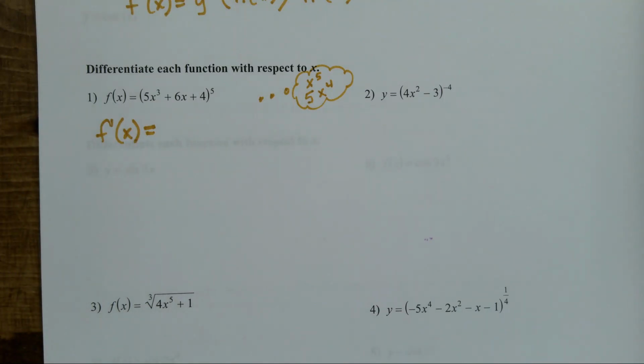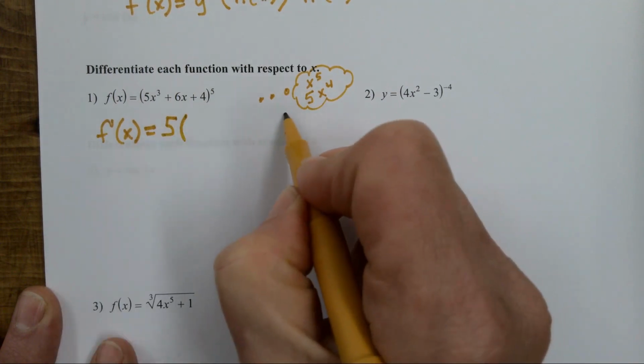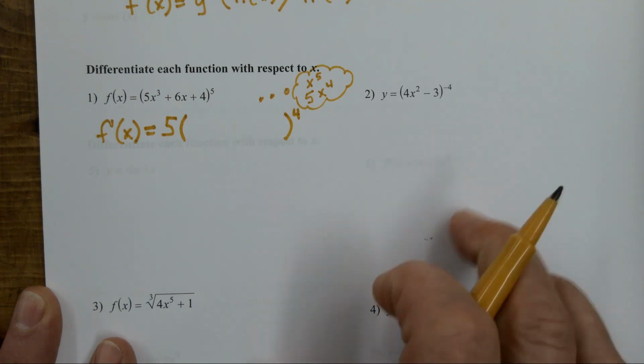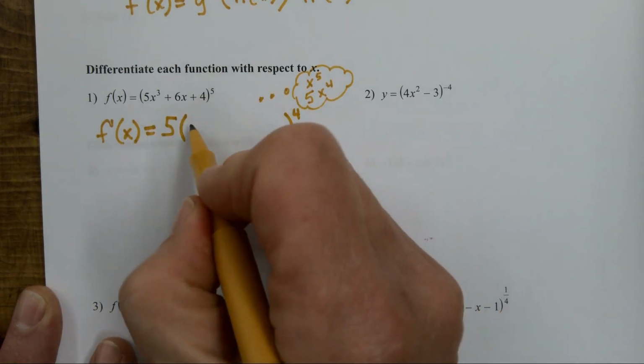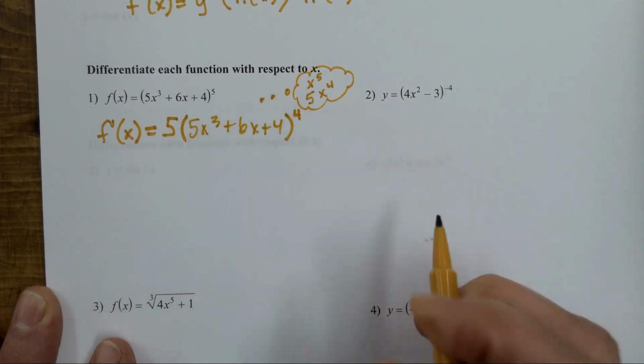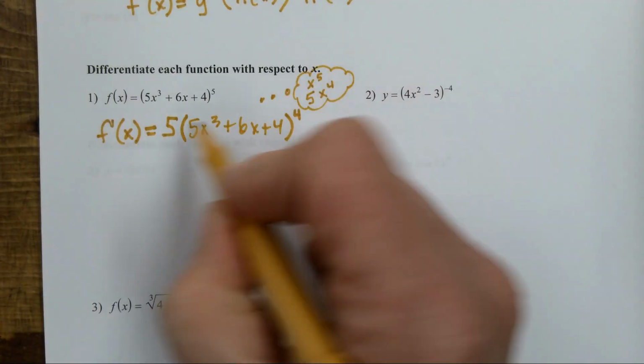It's on this big old parenthesis. So I'm going to bring the 5 down. I'm going to lower the power 1. But again, the 5th power is on what's inside of there, 5x cubed plus 6x plus 4. That's the derivative of the outer.